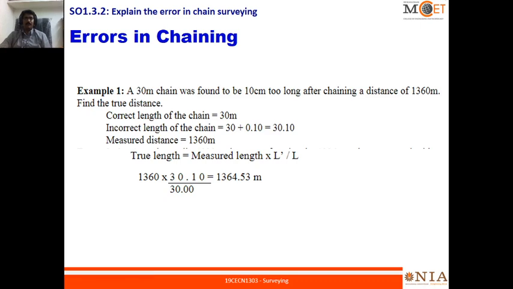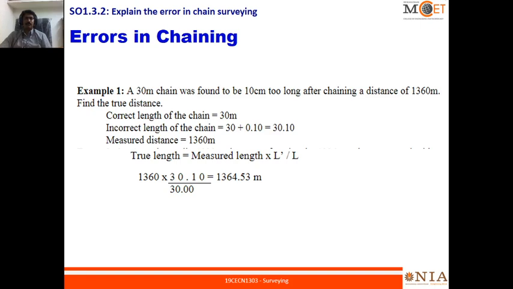For example, a 30 meter chain was found to be 10 centimeter too long after chaining a distance of 1360 meter. Find the true distance. The given data: the correct length of the chain is 30 meter, but the error here is 10 centimeter too long.